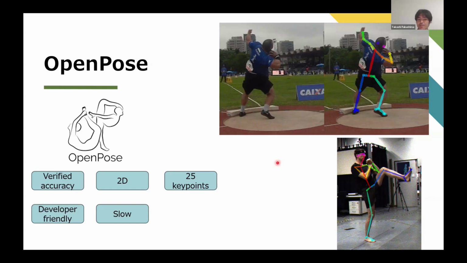You can customize, but the default one is 25. And it's relatively developer friendly because it gives some functions or connections to Unity, which is the game developing platform, which I usually use for game developing.